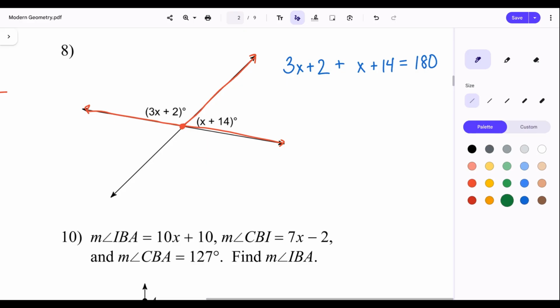Okay. Now let's start combining like terms. On the left-hand side, I see a 3x and an x, so that's going to become 4x. And then I have a 2 and I have a 14. So those together would be 16 equals 180. Go ahead and take a minute and finish solving that for x.